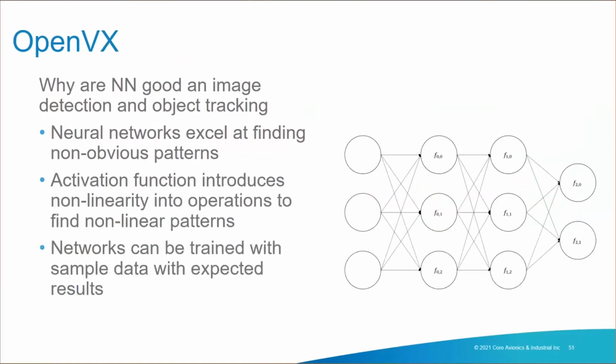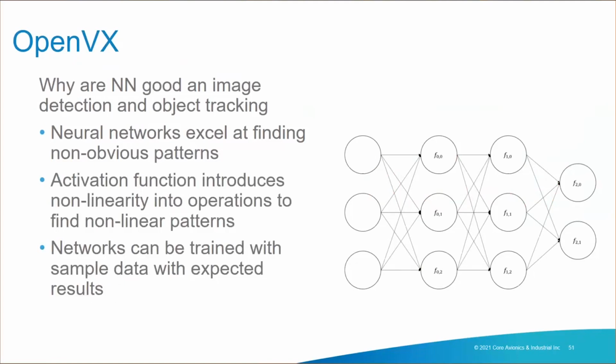And something I want to focus on here is the inclusion of neural networks in OpenVX. The reason it is included is because neural networks right now have proven to be the state of the art for doing object detection and object tracking. And the reason for this is that neural networks excel at finding non-obvious patterns in a data set. This doesn't need to be a 2D image data set.